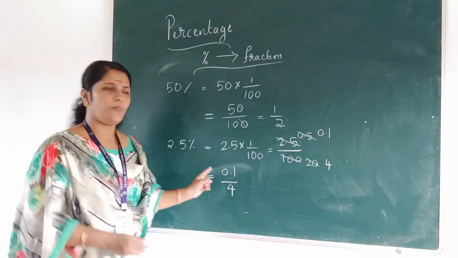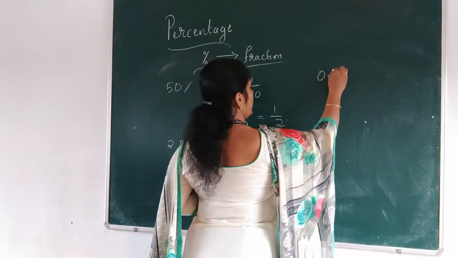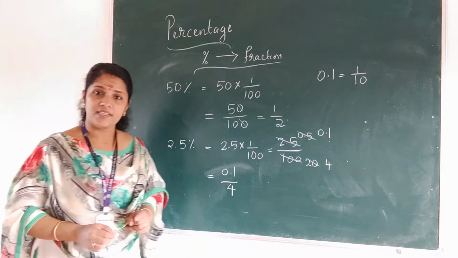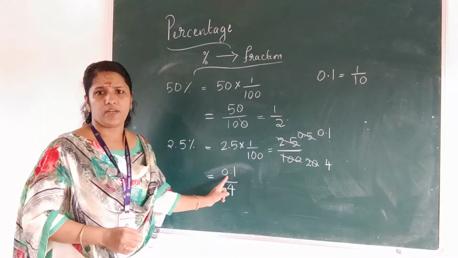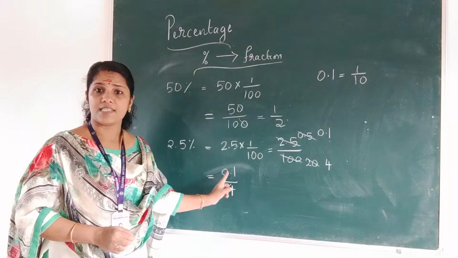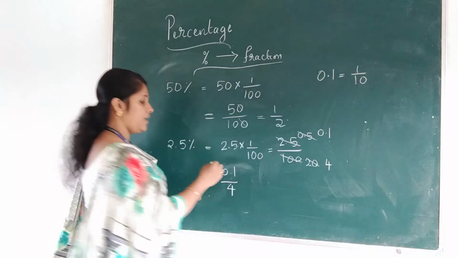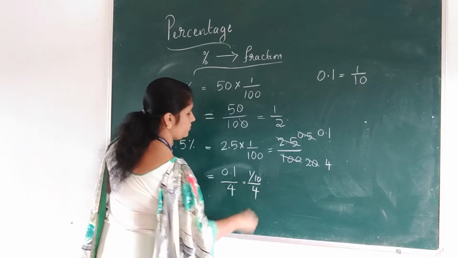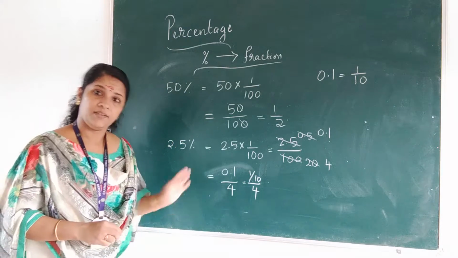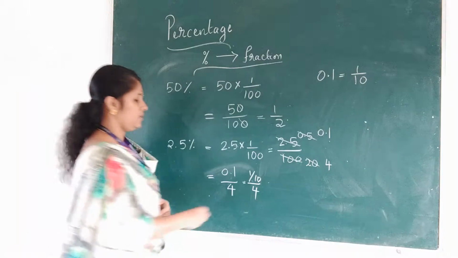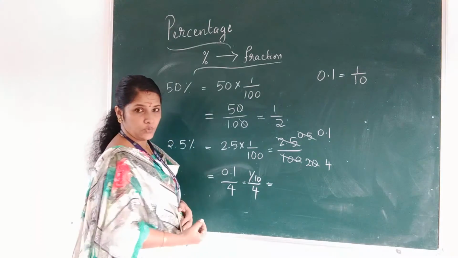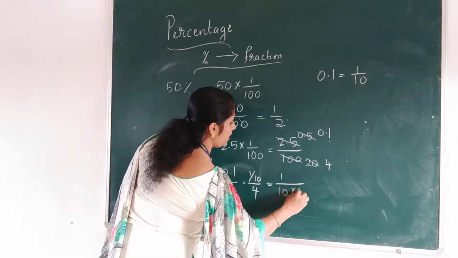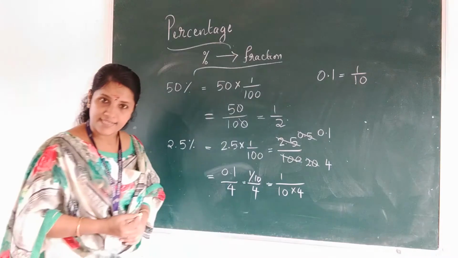I have to replace the decimal in the numerator. What is the meaning of 0.1? 0.1 I can write as 1 by 10. Am I right? Yes. So I am going to replace the decimal in the numerator by 1 upon 10. 1 by 10 whole by 4 is equal to 1 by 10, with the 4 in the denominator itself.